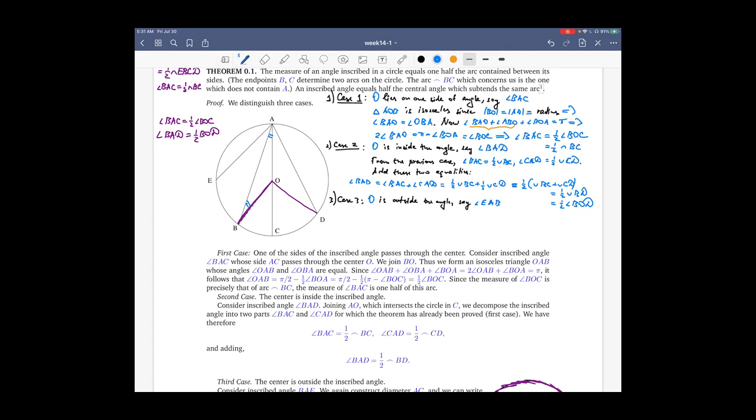The idea is like in the previous case, we join A and O by a line giving us point C. And we see here that angle EAC equals half the arc EC, from case 1.